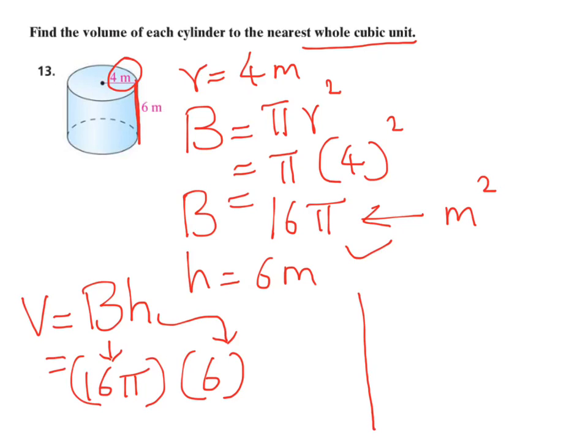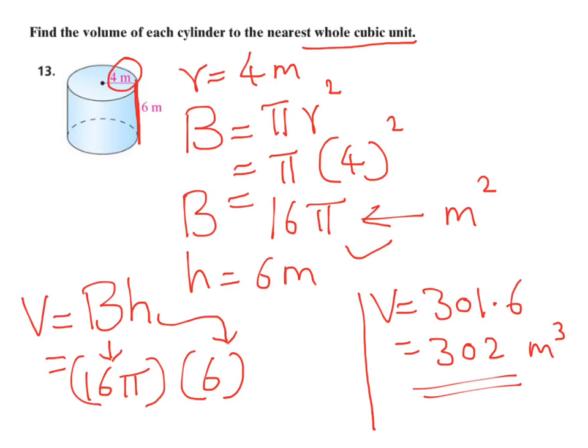So what is the volume of the cylinder? 16 multiplied with pi multiplied with 6. It is 301.6, which is going to be approximately 302 meter cube. That is the volume of the cylinder.